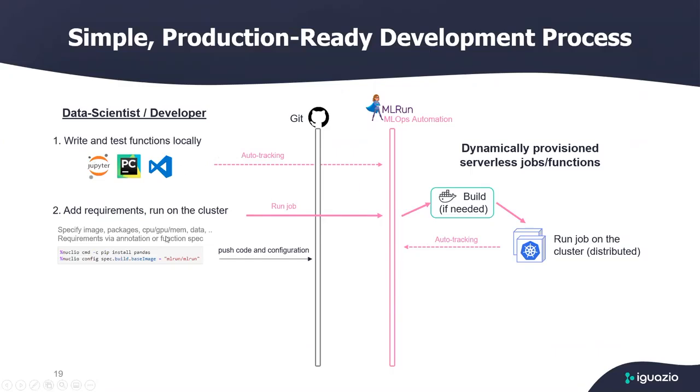It even responds with your console all the way to your client IDE, so you have the cozy feeling that it's actually running on your notebook or on your IDE.